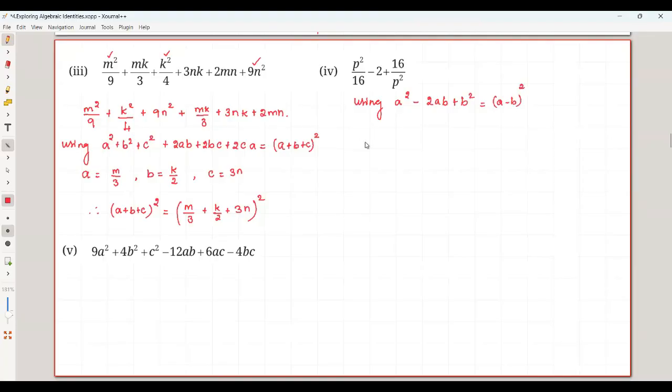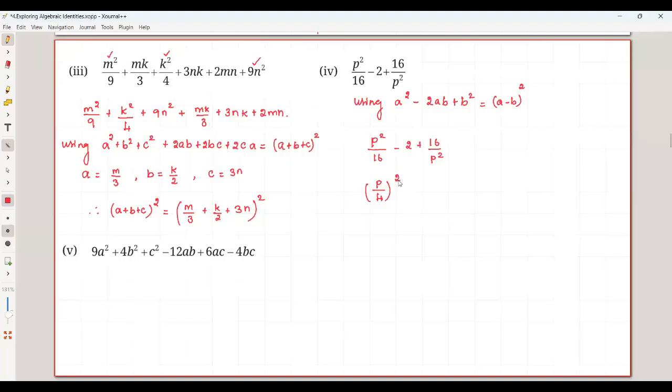So I'm just writing the question: p square by 16 minus 2 plus 16 by p square. We have to write it in the form of a the whole square, so we can write it as (p by 4) the whole square.